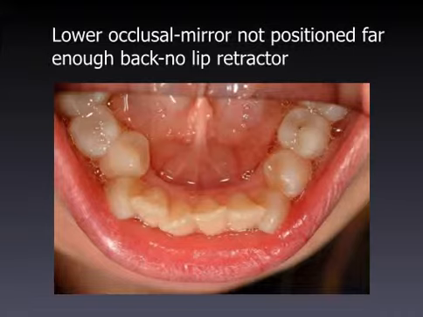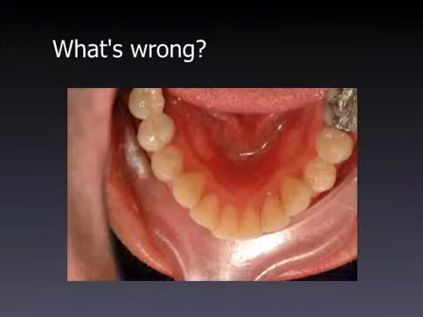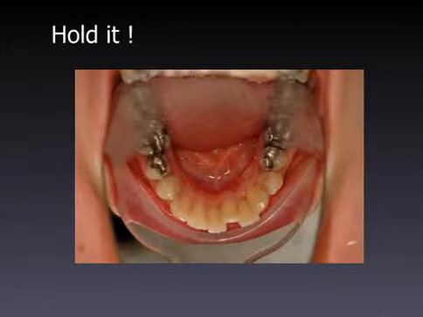And again, no second molars, so the mirror isn't far enough back and there's no lip retractor. Again, we're too far to the right and we're not symmetrical because we can't see the first molar, and the patient is breathing, which is a major inconvenience when taking photographs.